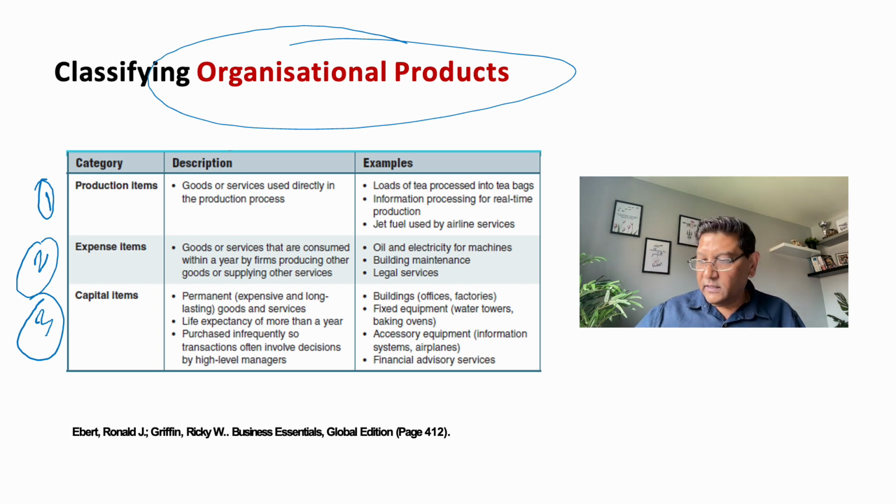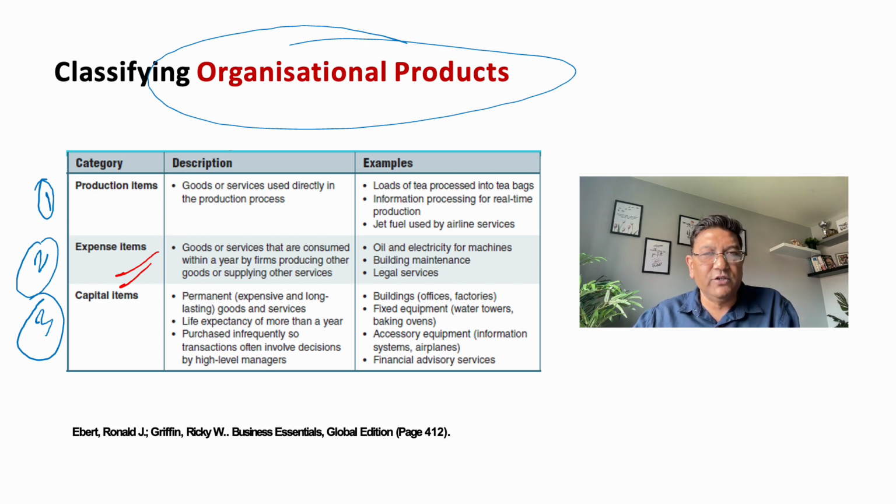Now the second one is the expense items. Expense items have something to do with direct or indirect expense to our production. That is electricity, water supply, any building maintenance, any insurance, any legal services we need to use.